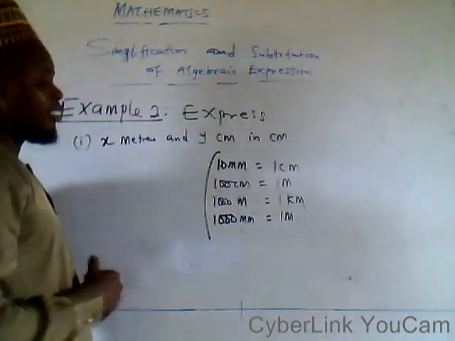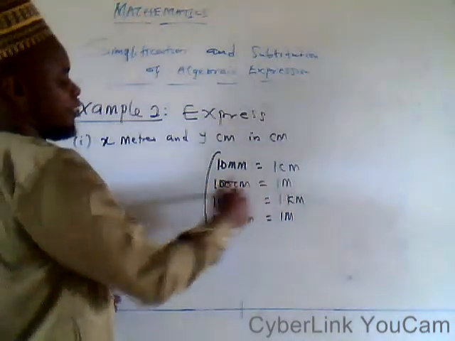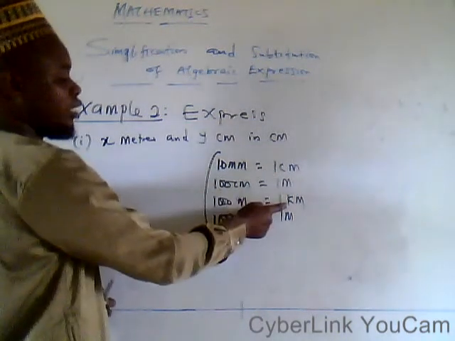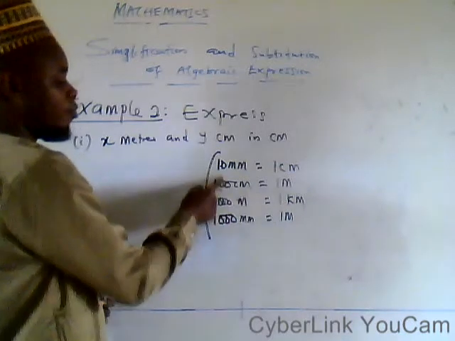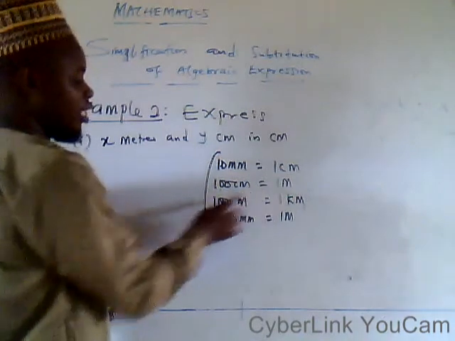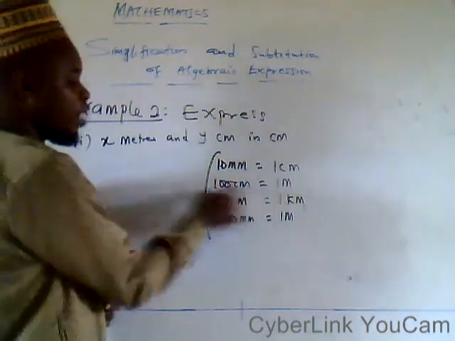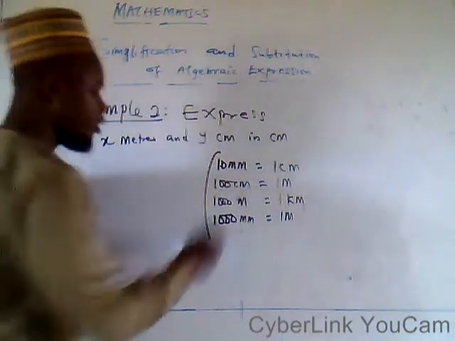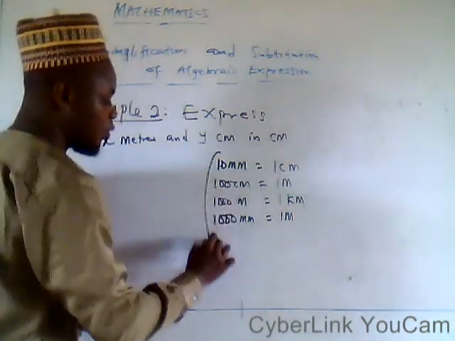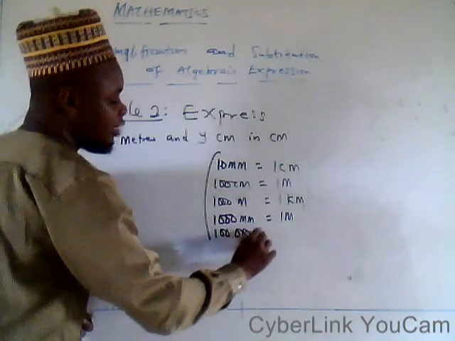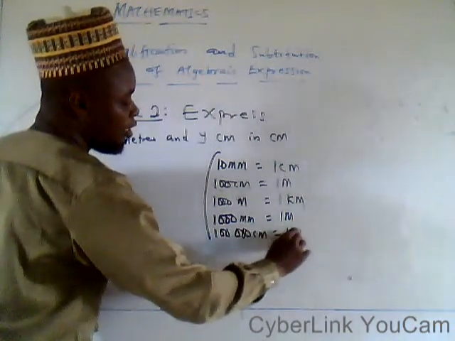If you are asked how many centimeter make 1 kilometer, it's a matter of coming from here to here. 100 of this make this, and 1000 of this make this. So how many centimeter make 1 kilometer? That is 100 times 1000, that is 100,000 centimeter equals 1 kilometer.